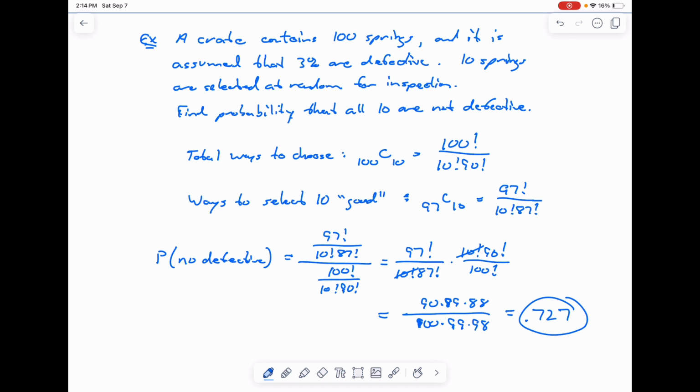If I send out 100 springs and I know that there's a good chance that 3 of them are defective, I want to maybe take a large enough sample to make sure that I'm at least catching one of those.